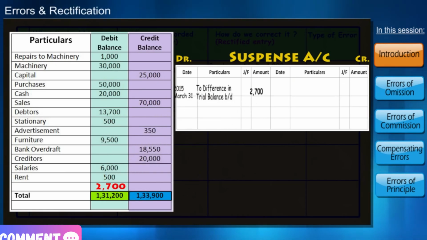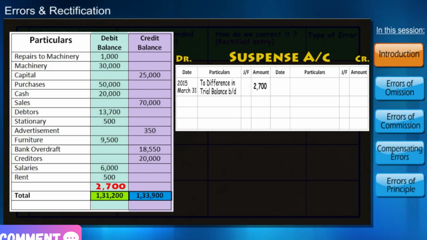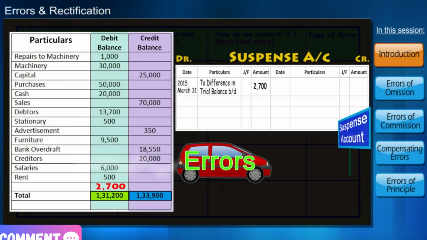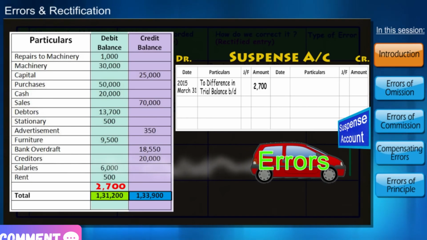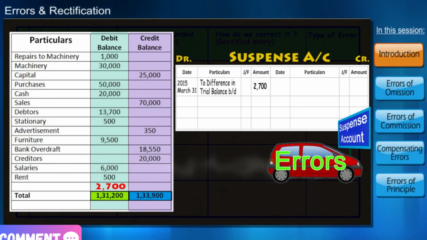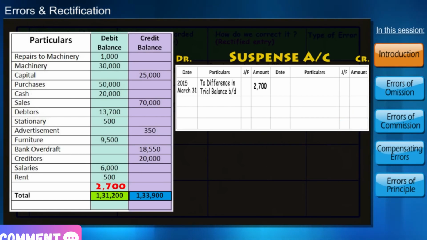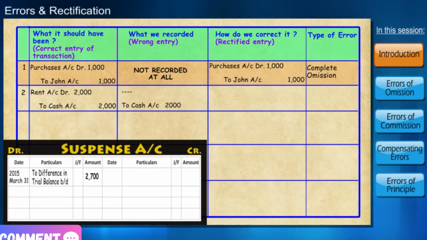We'll transfer this 2,700 on the debit side, and as and when we come across any one-sided error due to which our trial balance totals may not agree, we will park those errors on this suspense account. Once we have found out these errors, our suspense account will have its debit equal to credit. Don't worry, it will be clearer as we proceed further.